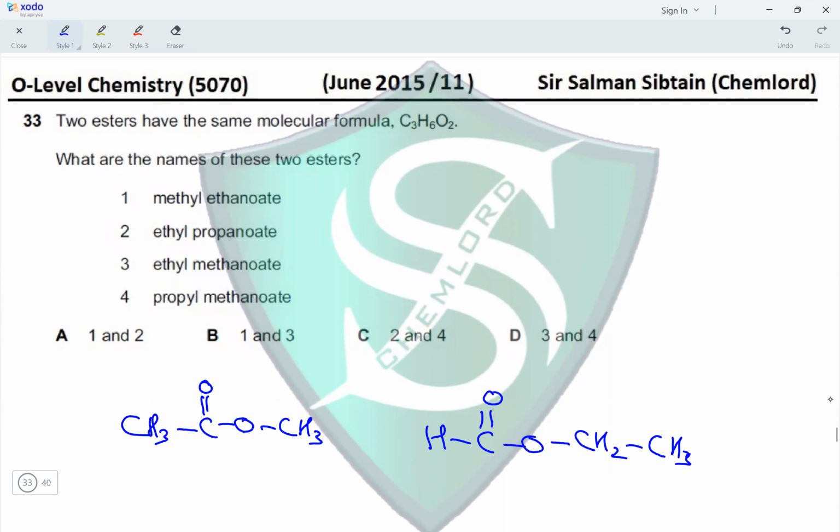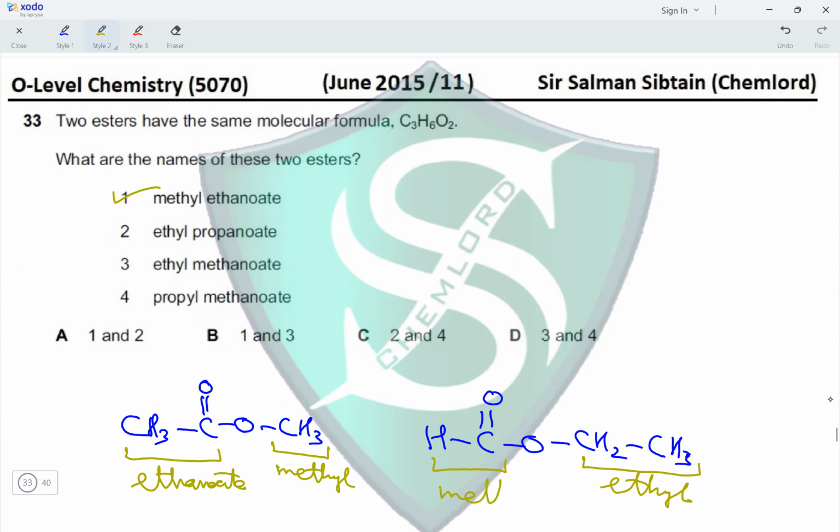Now, in order to name these, this would be methyl ethanoate. Methyl ethanoate is option 1, and in the other case it would be ethyl methanoate. This would be option 2.